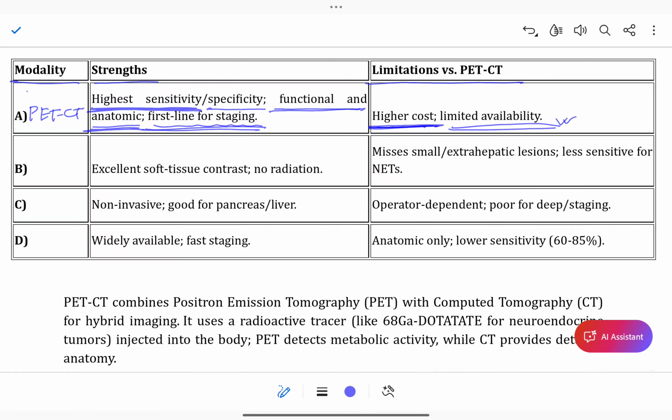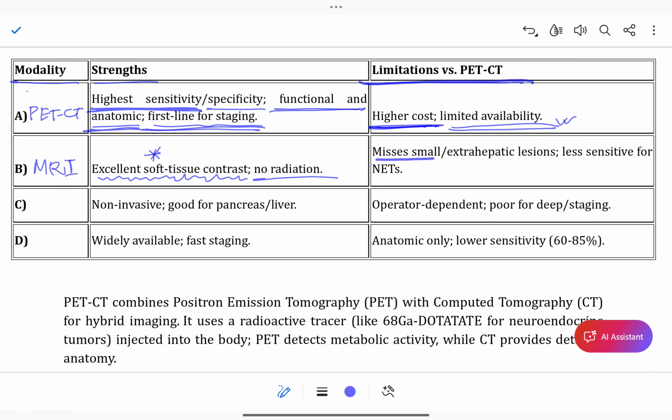B, MRI: excellent for soft tissue contrast, no radiation. Always remember, MRI is for soft tissue. What is the limitation of MRI?